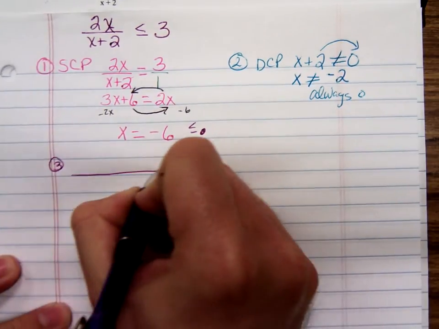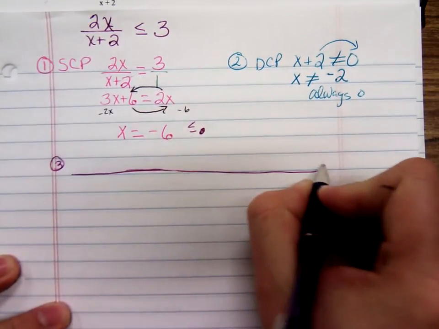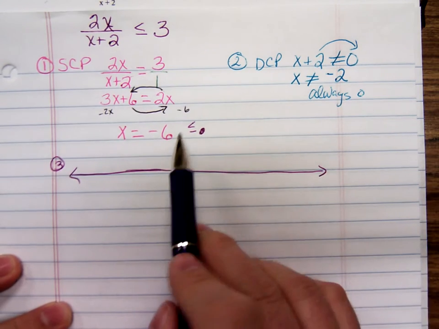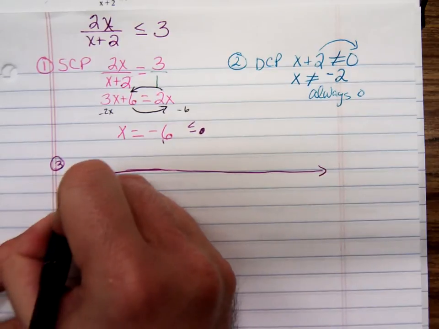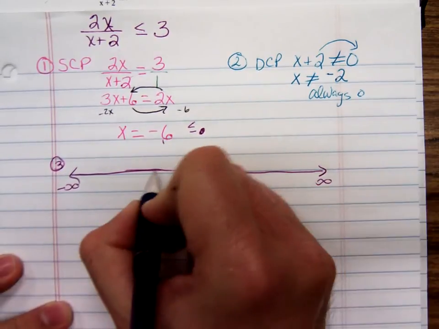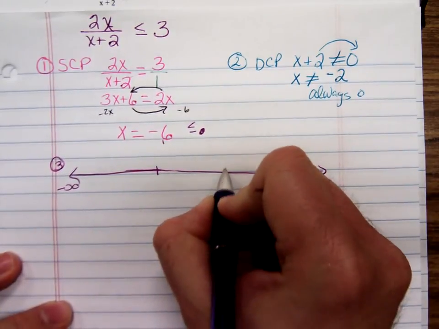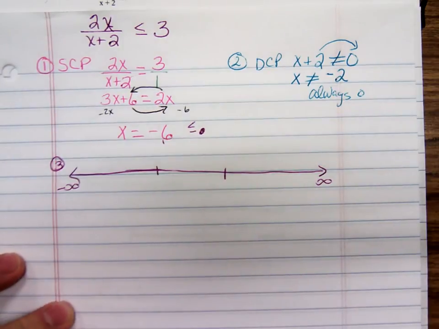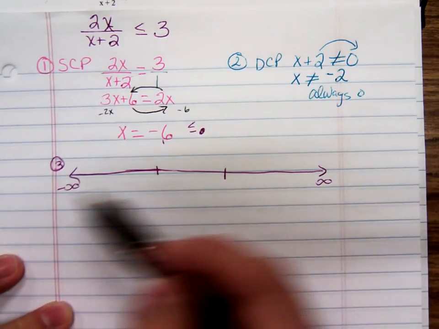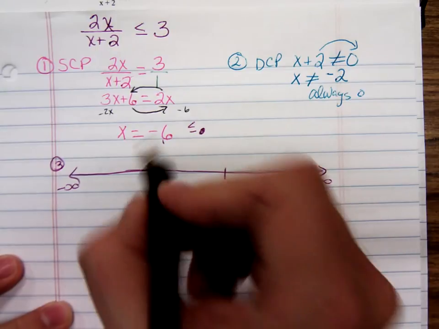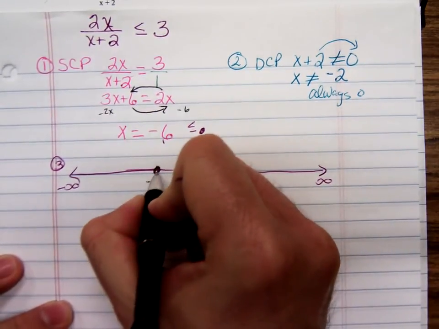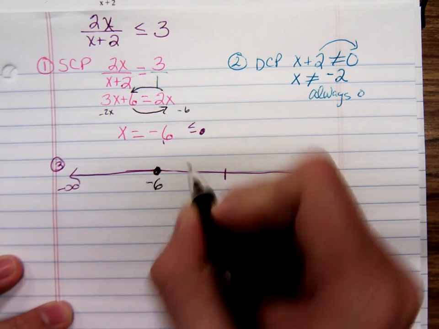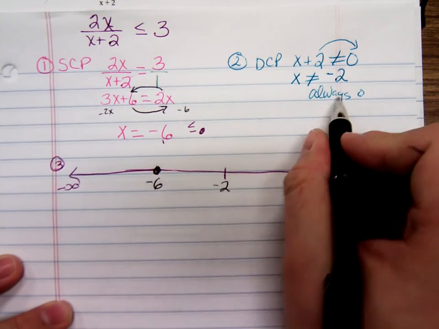And on this number line, don't label anything other than these 2 numbers here. And make sure when you do label them that you're labeling them in correct numerical order. Which number would be closer to the negative infinity? Well, -6 with its closed circle would be to the left of -2 with its open circle.